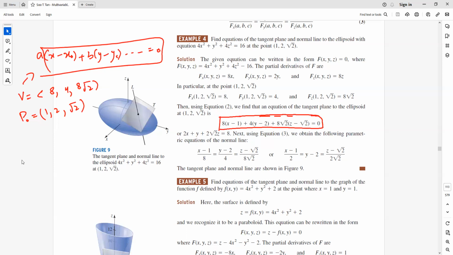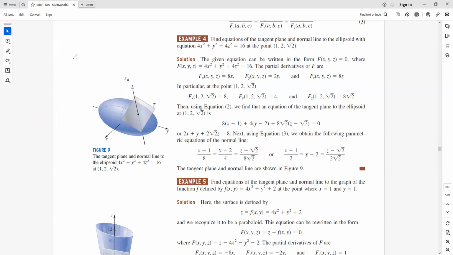Now the normal line is actually a line that is passing through this plane perpendicularly like this, right? So this is the normal line.